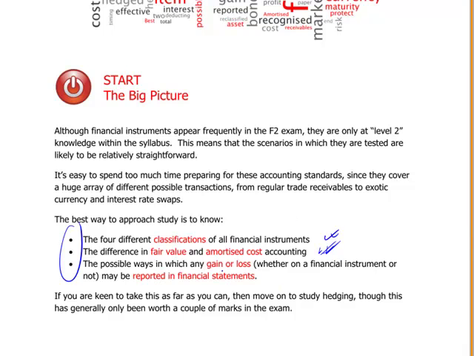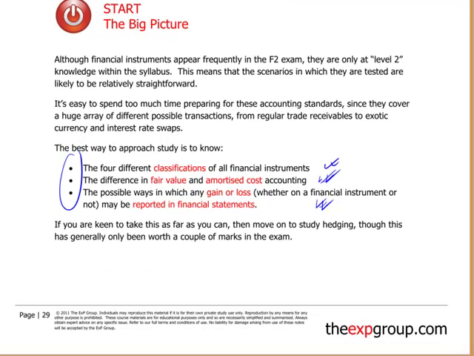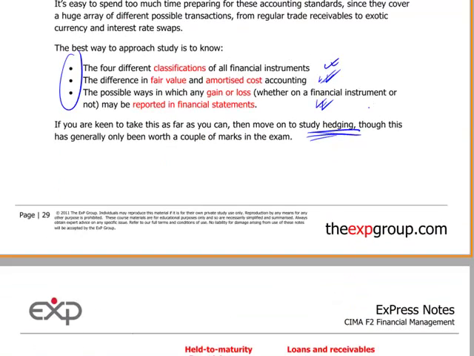Then of course the possible ways in which any gain or loss may be reported in the financial statements, or in other words, when do you report that. And if you're super excited about the topic, it is examinable for a few marks to have an understanding of hedging. So we'll present the two types of hedging.